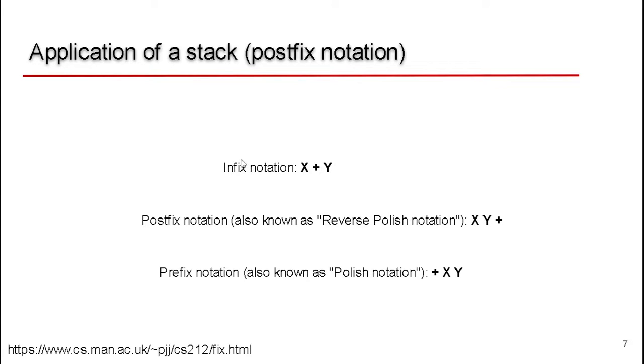Postfix, prefix, and infix are just ways of representing operations. Usually in school they taught us that when you want to add two numbers together, you put the first one, then the sign of addition, and then the second number, right?